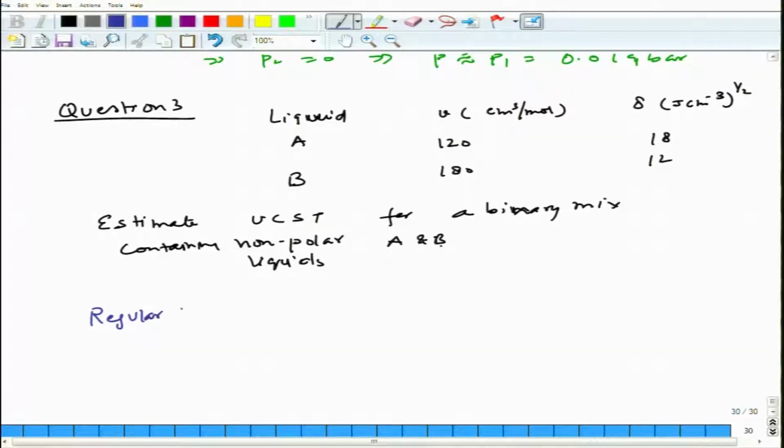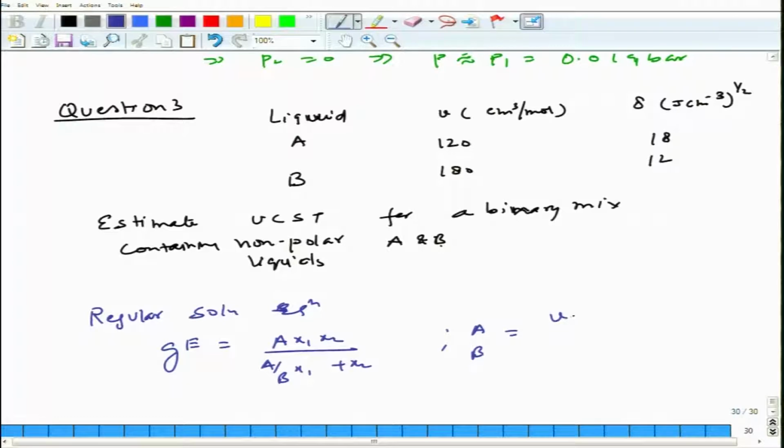Okay. So, this is the problem statement, and considering it is a non-polar liquid solution, we can make use of regular solution theory. If you use the regular solution equation, then we can write GE as A x1 x2 over A by B x1 plus x2, where A and B are related, if you make use of the Scatchard-Hildebrand expressions, as VA times (delta A minus delta B) squared, and VB times (delta A minus delta B) squared.